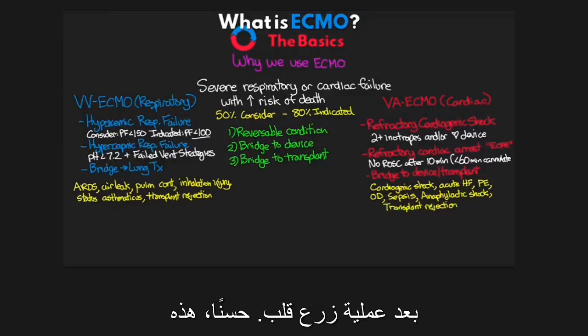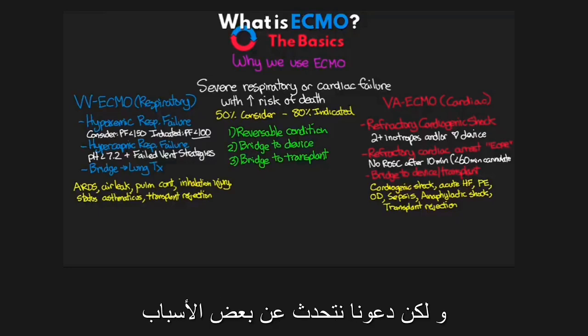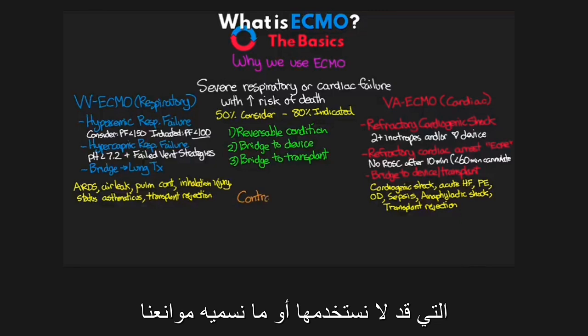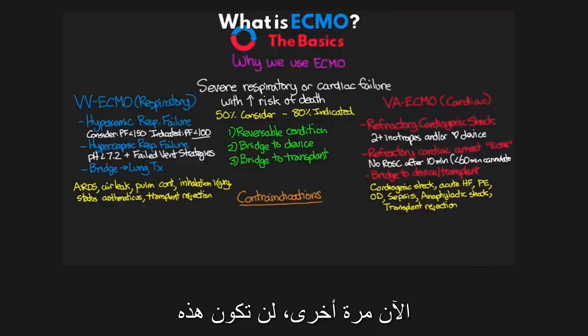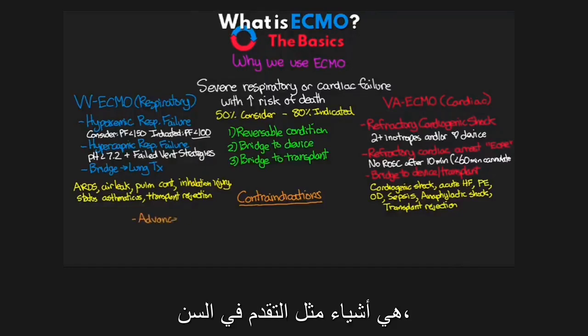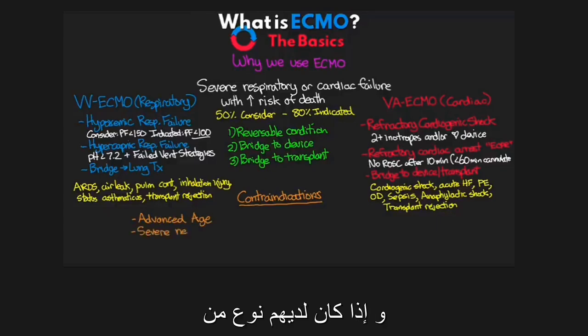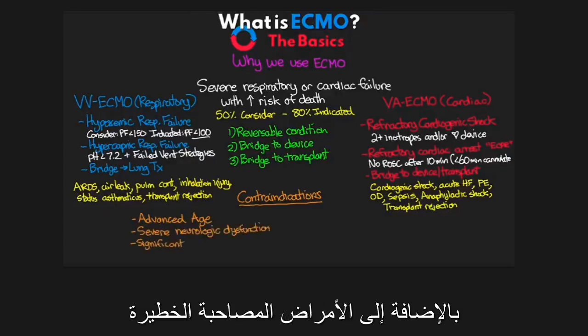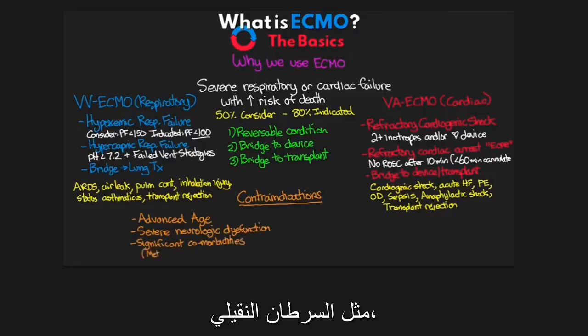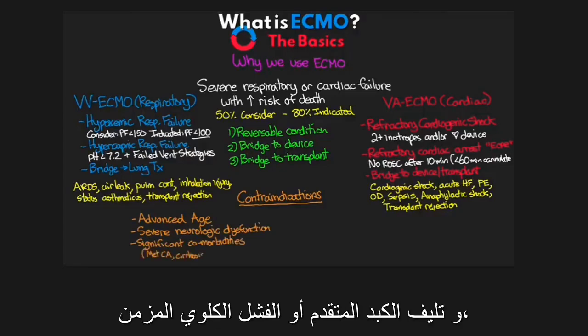All right, so those are some of the reasons that we would do ECMO, but let's talk about some of the reasons that we wouldn't, or what we call our contraindications. Again, this is not going to be a completely exhaustive list, but some of the things that would be contraindications for ECMO would be things like advanced age, if they have some sort of severe neurological dysfunction, as well as significant comorbidities like metastatic cancer, advanced cirrhosis, or chronic renal failure.